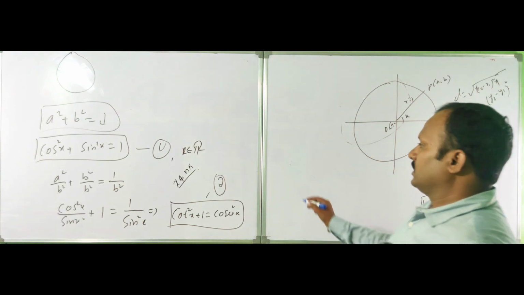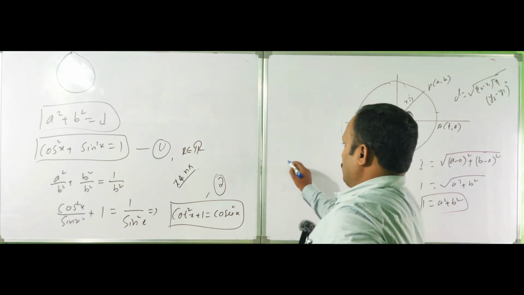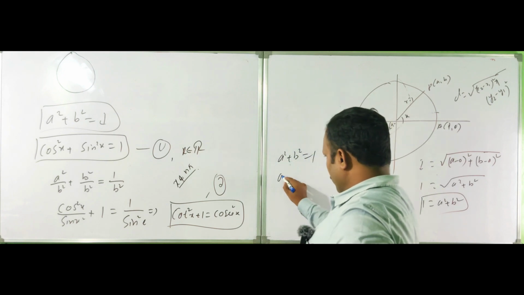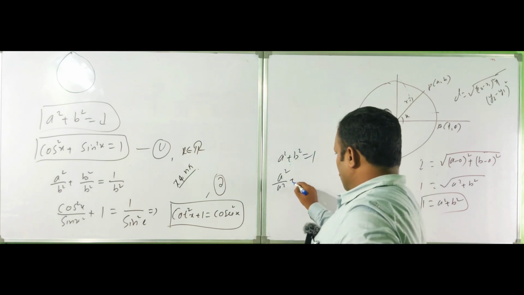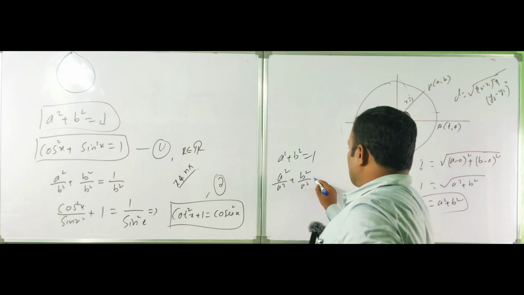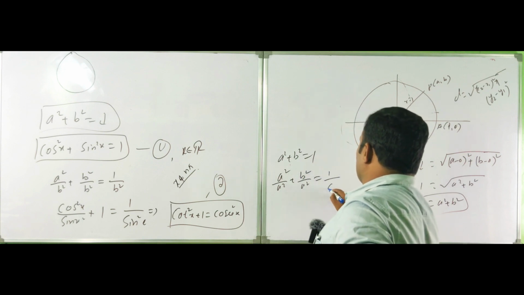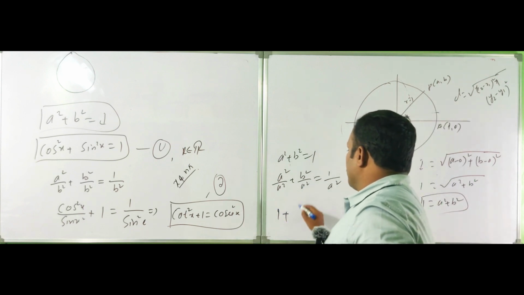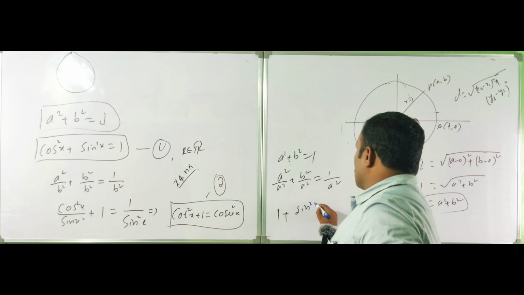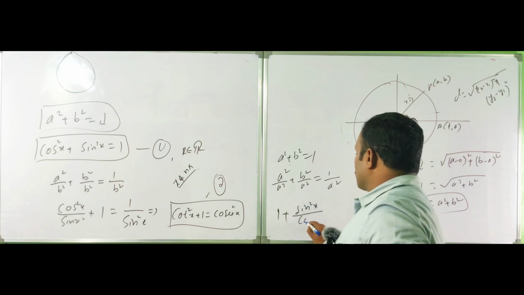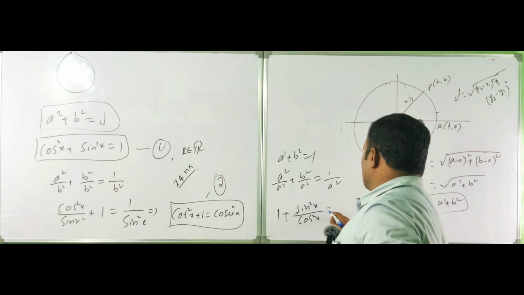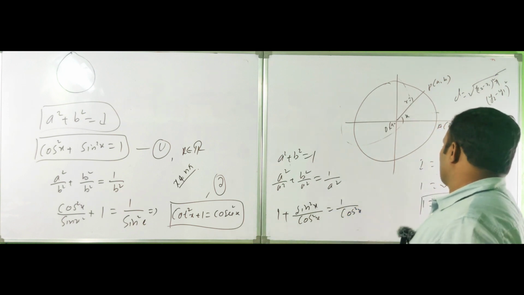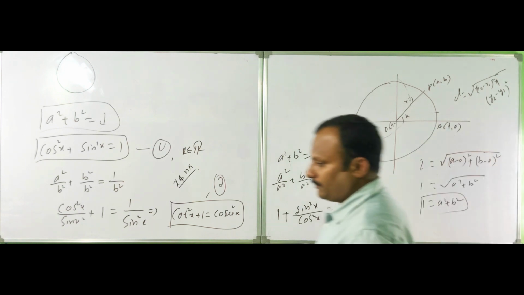Similarly, for the third, divide a square plus b square is equal to 1 by a square on both sides. The a square cancels, giving 1 plus sin square x by cos square x is equal to 1 by cos square x.